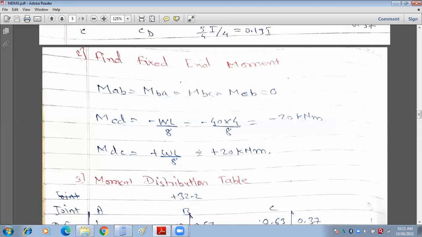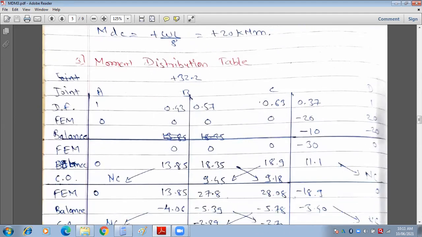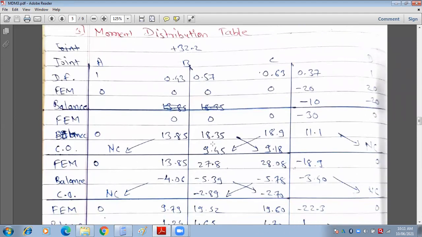Now once we have calculated the fixed end moment, the next step is that we have to prepare the moment distribution table. One of the important points that we have to consider, I will discuss with you.